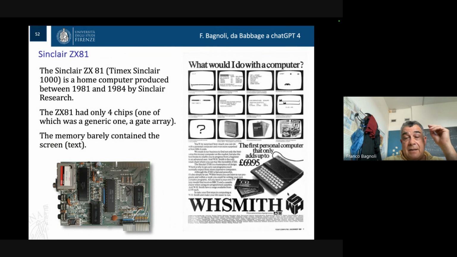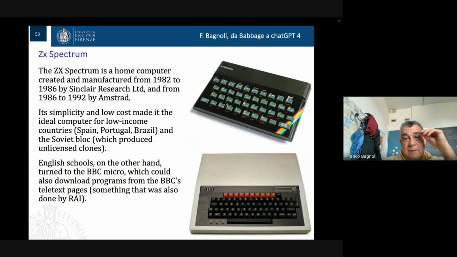Unfortunately, it had a very terrible keyboard, essentially not usable at all, but it was really a revolution. And in some countries, it was produced in a massive way.